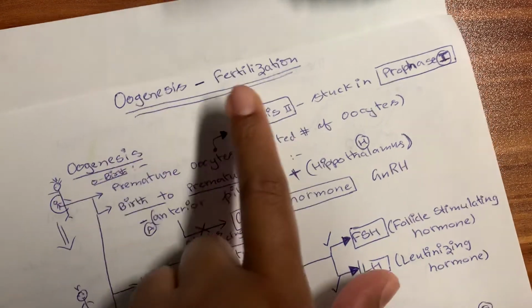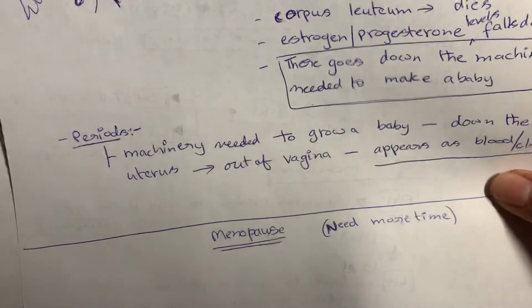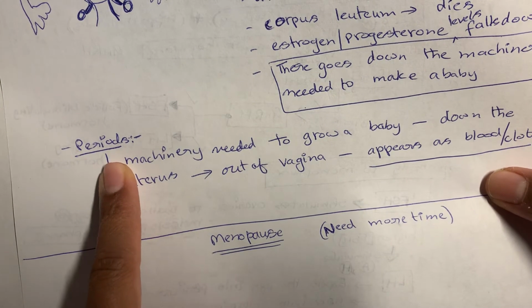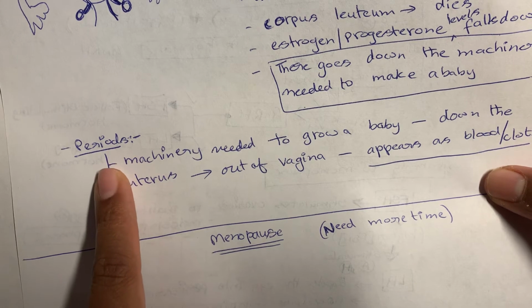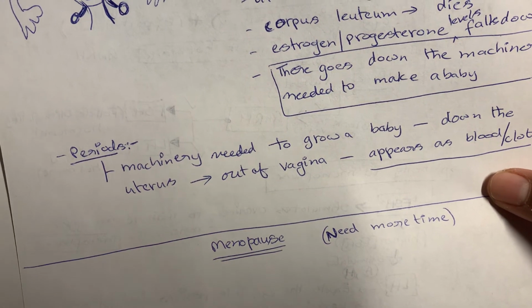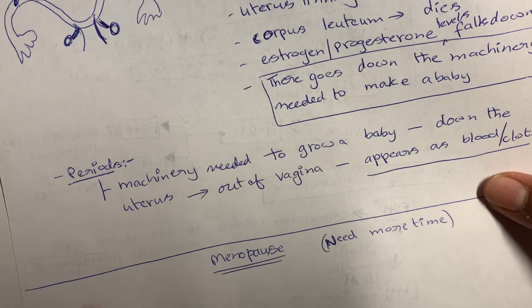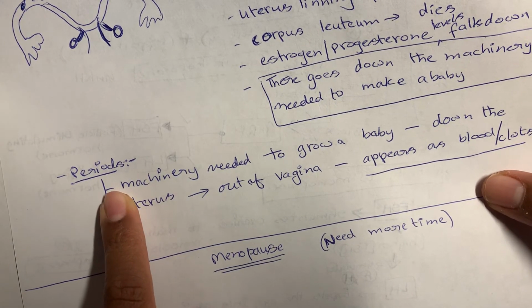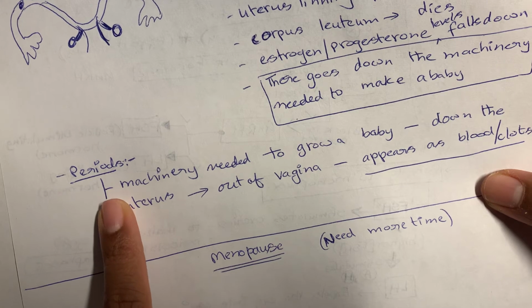If it gets fertilized, it goes and makes a baby, and if it does not, all it does is a regular period. Most women get these periods every month, and thanks to these hormones, women do not have to carry a baby every time they have intercourse.